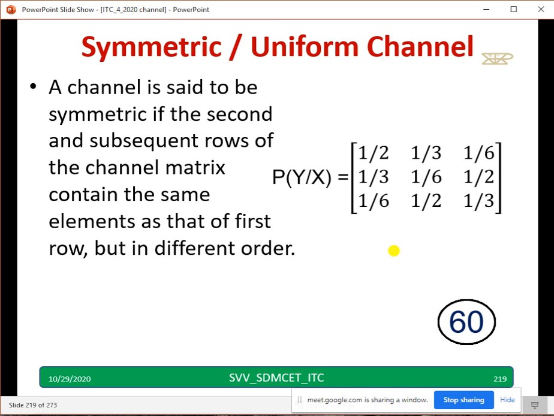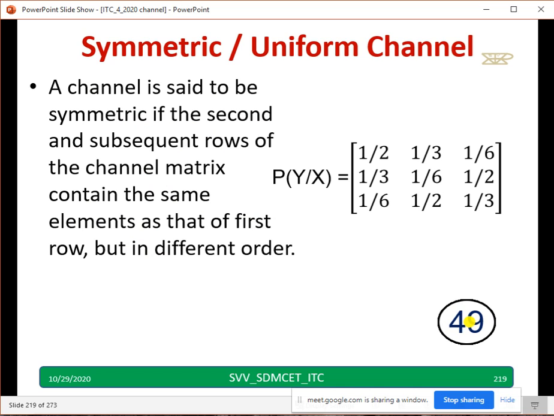Okay, the symmetric, or also called a uniform channel. A channel is said to be symmetric if the second and subsequent rows of the channel matrix contain the same elements as the first row but in a different order. Read it, copy down. No need to copy the same 1/2, 1/3, 1/6; you can change them also.